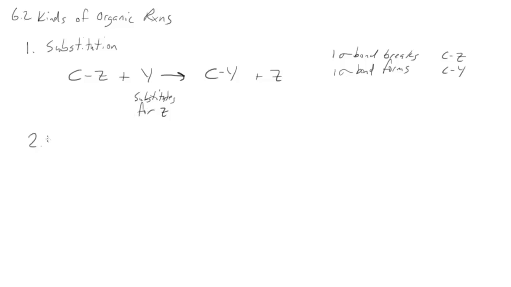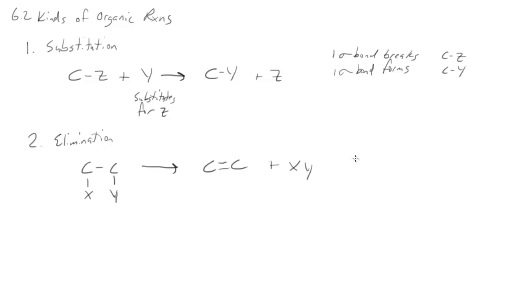The second type of reaction is an elimination reaction. In an elimination reaction, we've got carbons with an X and a Y on adjacent carbons. And what happens is the X and Y are eliminated from the original molecule, and they leave.